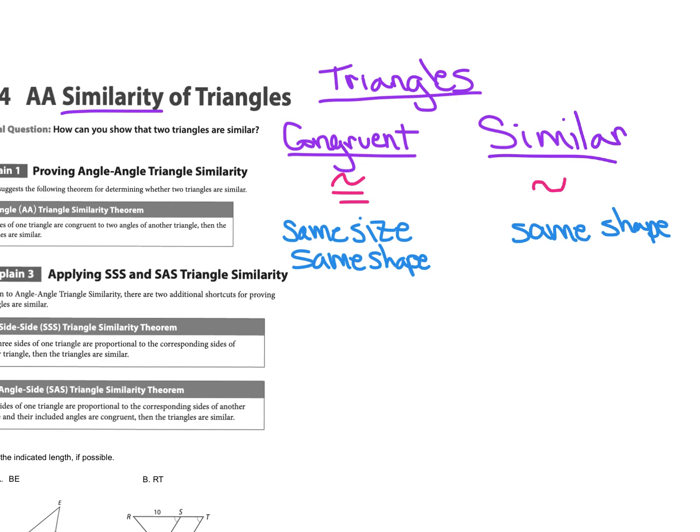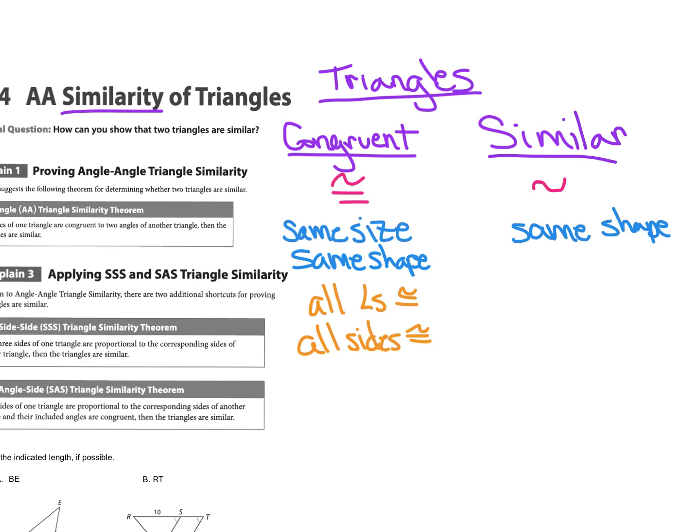So in congruent triangles, all angles are congruent and all sides are congruent.